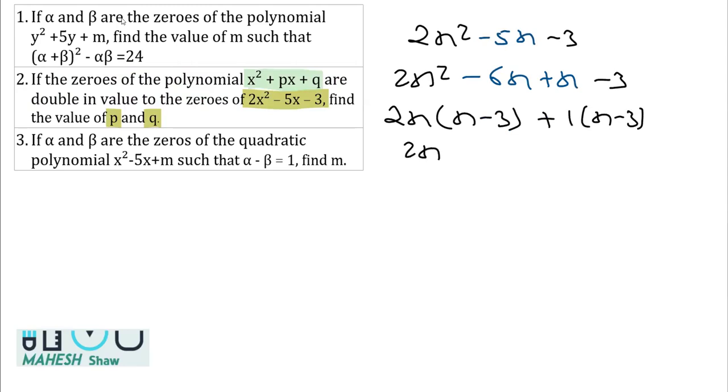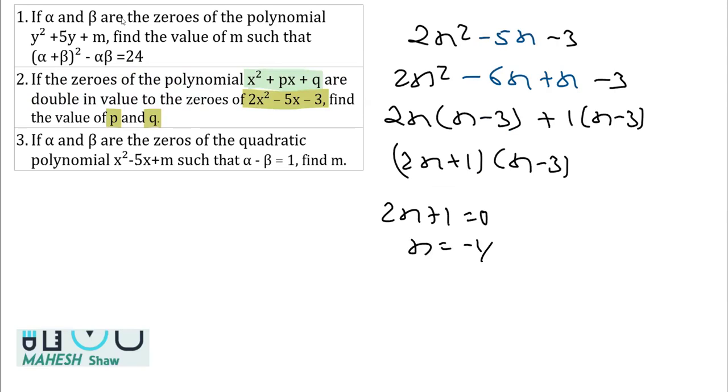So we got 2x plus 1 and x minus 3. Equating this with 0, I get x as minus 1 by 2. And if I equate this with 0, we get x is equal to 3.